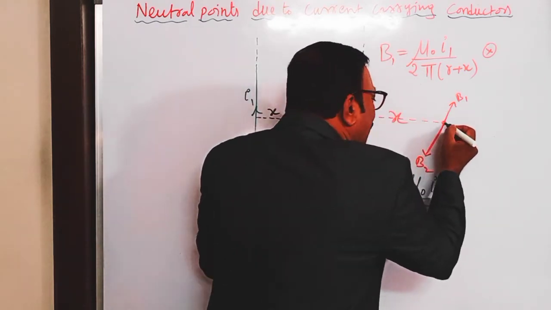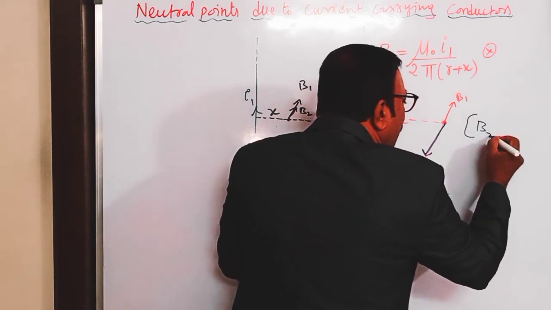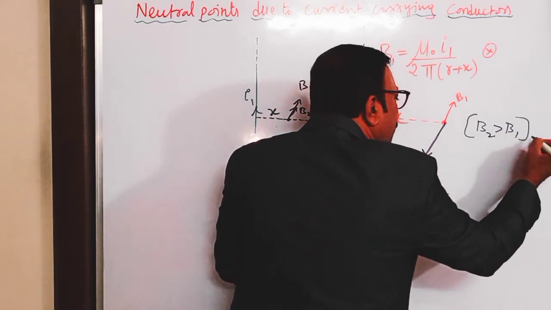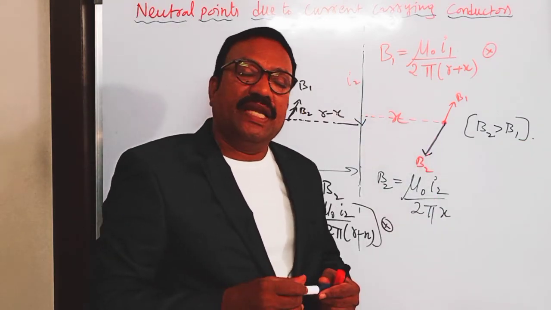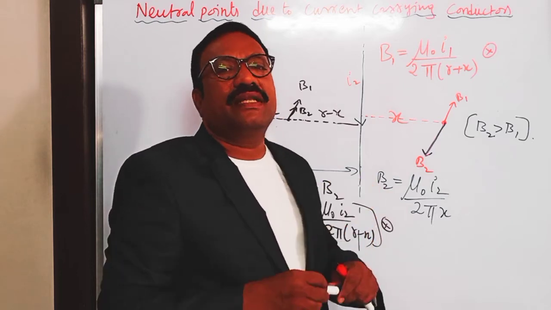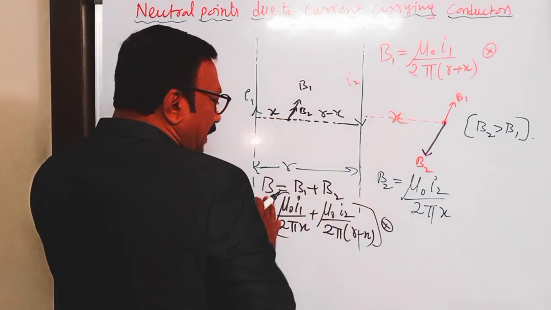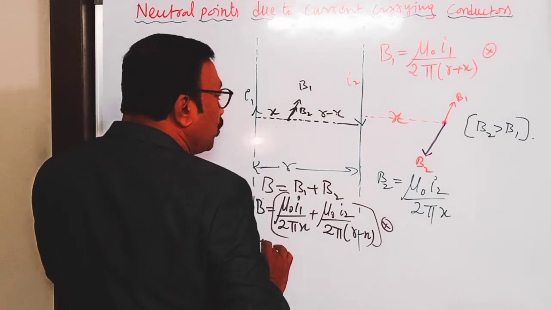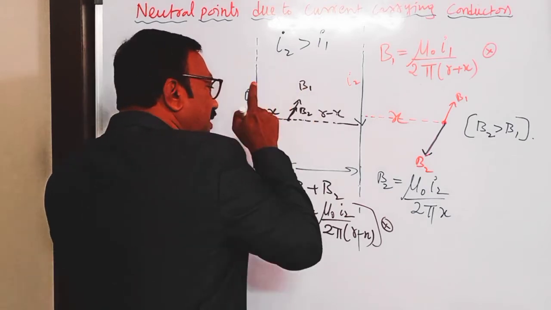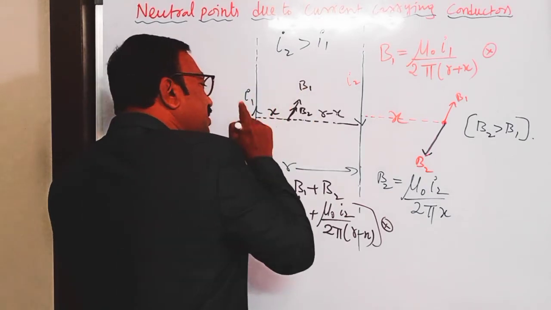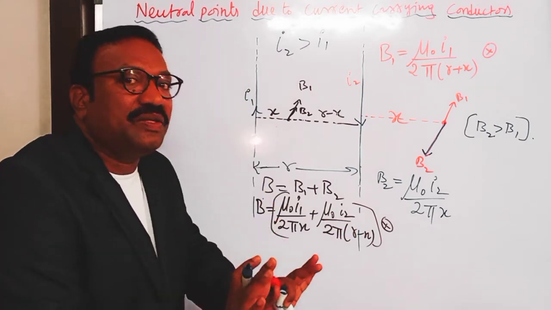But one thing: here, always B2 will be greater. Whatever position you take, on the right side B2 is always greater than B1. Just think why. I told you that whenever you are calculating neutral points, take I2 greater than I1, and the distance x of the neutral point is always measured from the first conductor, and the neutral point is always nearer to the first conductor.